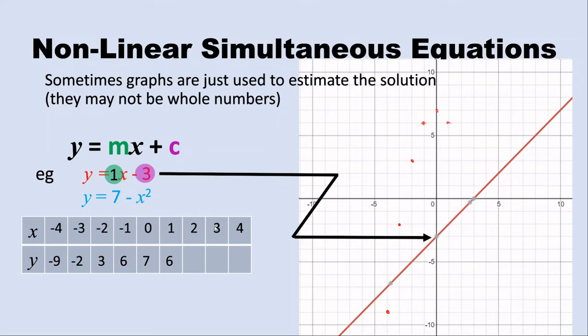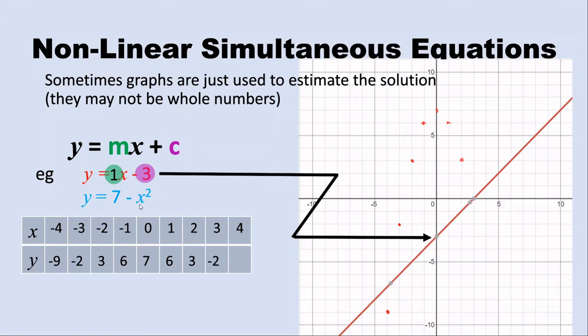When x is equal to 2, y is equal to 7 minus 2 squared. 2 squared is 4, so 7 minus 4 is 3. Plot that on the graph, and you're starting to see the symmetry of the curve. So our next point is where x is equal to 3. 7 minus 3 squared is 7 minus 9.